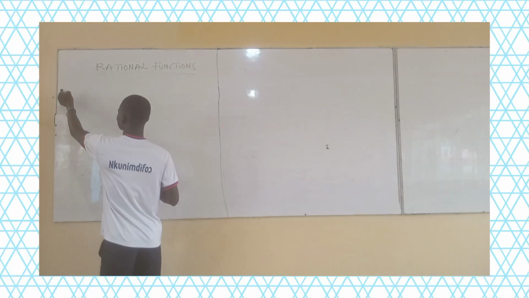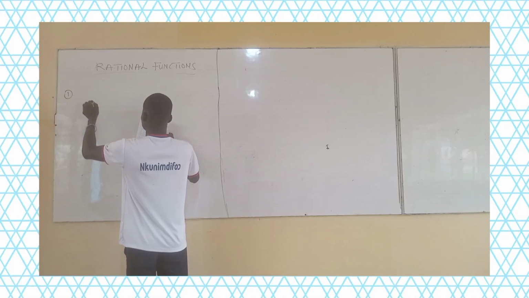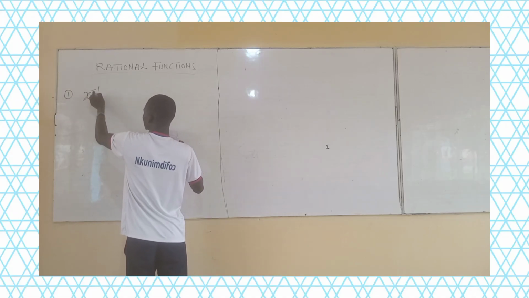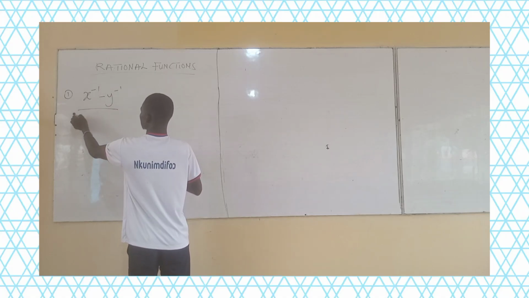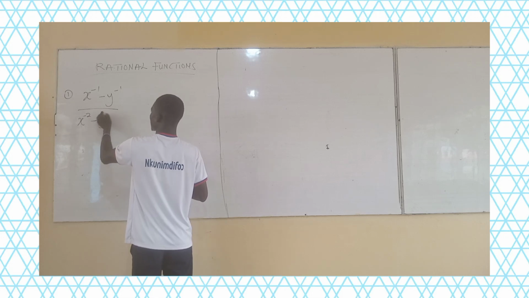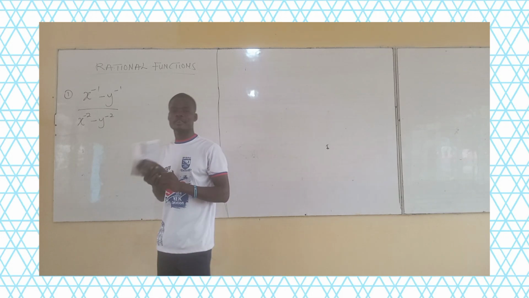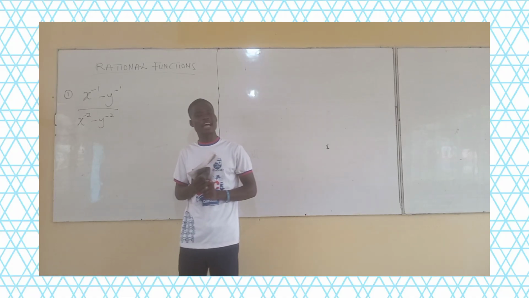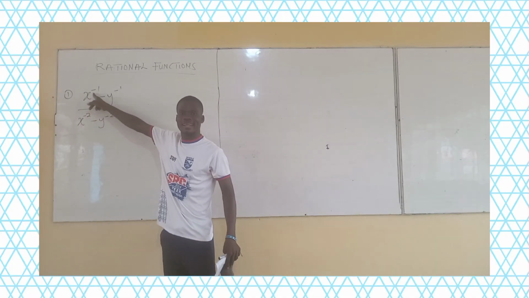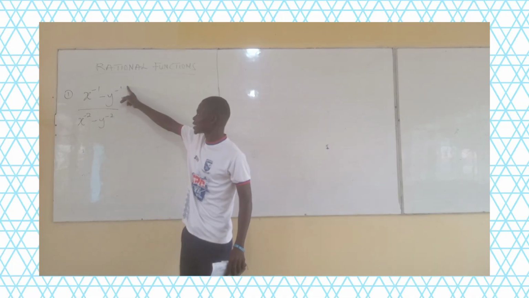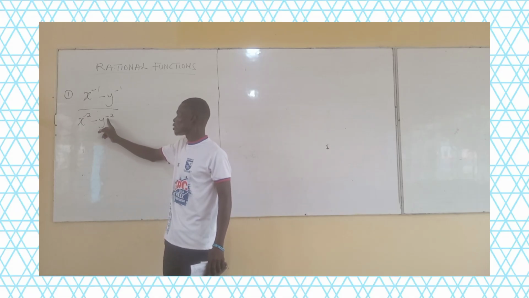The first problem is to simplify x to the power negative 1 minus y to the power negative 1, over x to the power negative 2 minus y to the power negative 2.